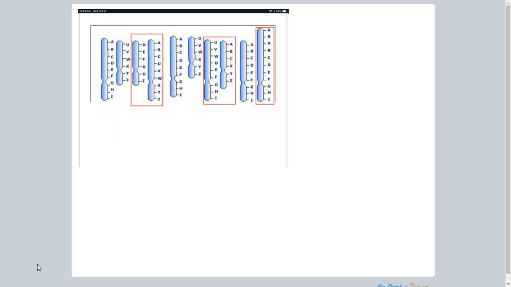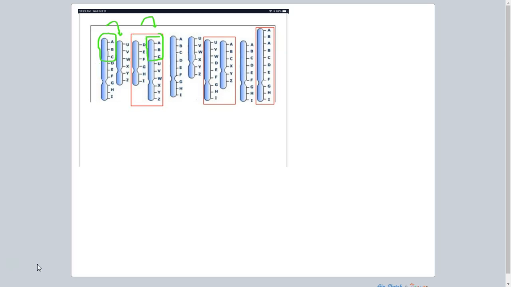So if we look at the first two sets of chromosomes here on the left, we'll see that it looks like something has moved. It looks like ABC has shifted to the non-homologous chromosome to its right. You see that there? But D, E, F, G, H, I remains unchanged.